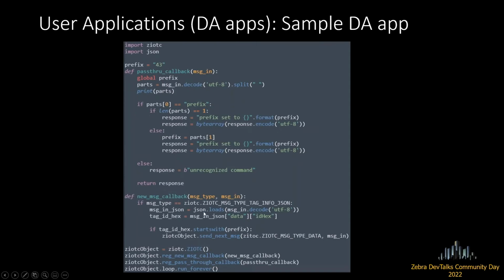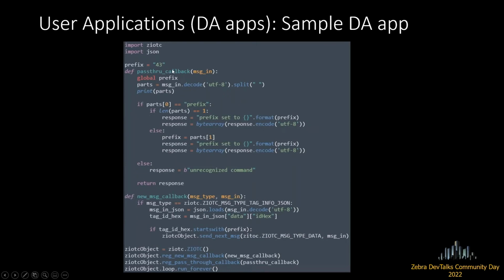And then it is parsing that information, getting the tag ID in that event, and checking if it starts with this prefix. If it is starting with that prefix, then it will send the message out to the reader gateway by setting the message type to data. If it is not starting with the prefix, it will simply drop it. That's what this is doing.